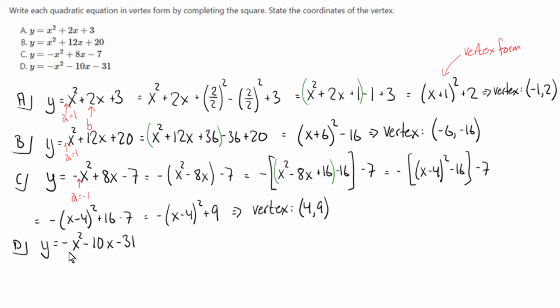Again, our a is -1, so we're going to start by factoring out a -1 from the first two terms, which leaves us with x squared plus 10x and a minus 31 at the end.